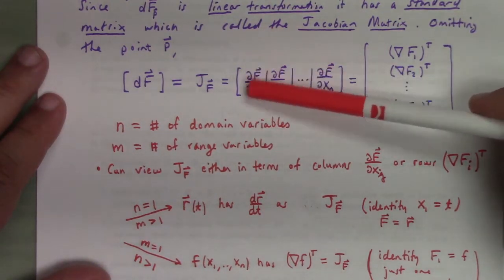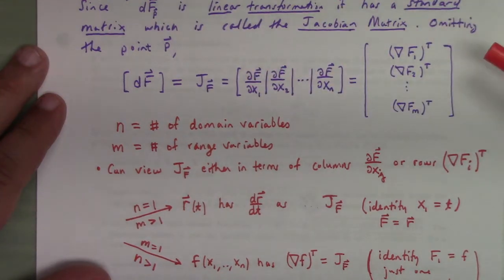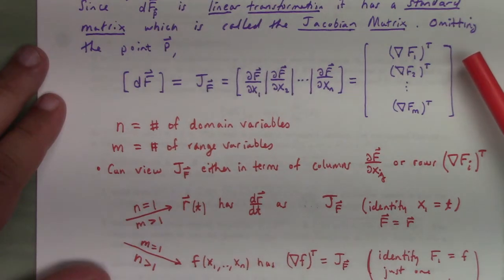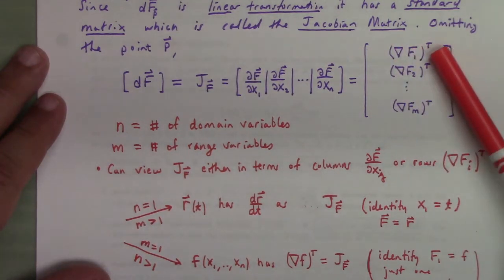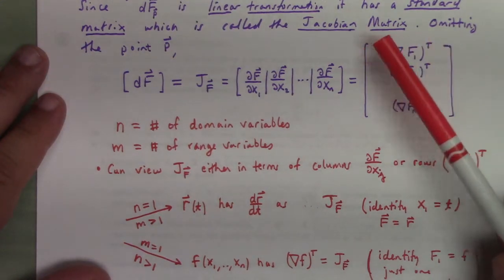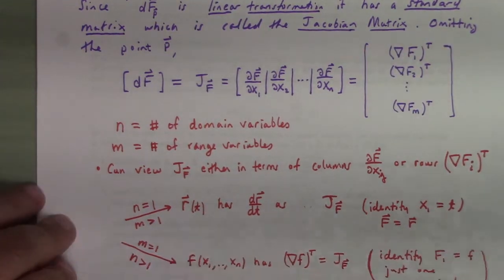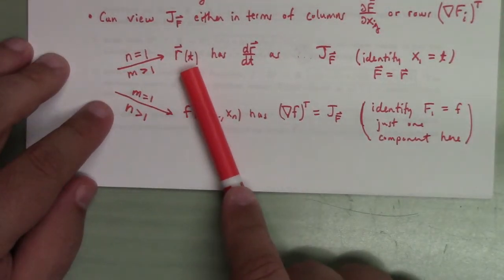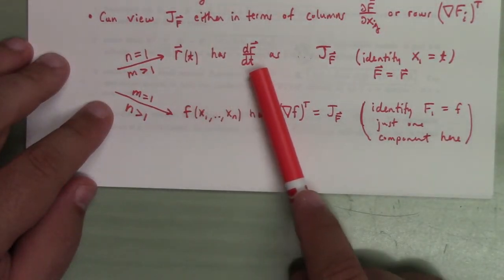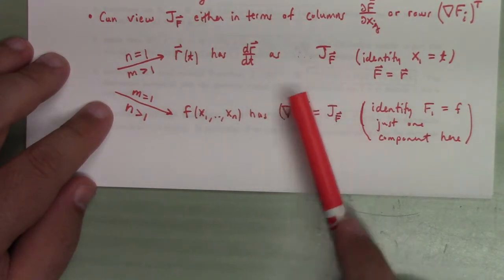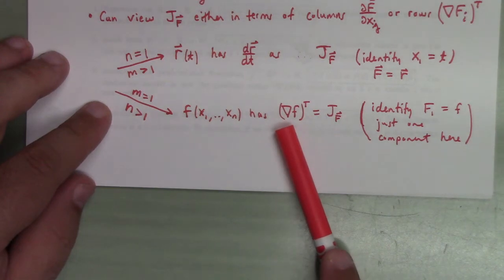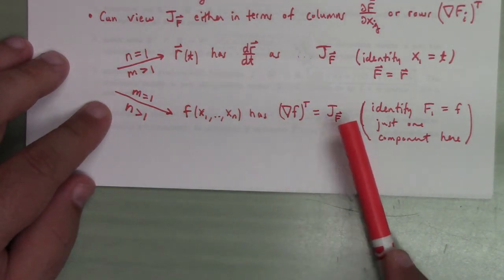That velocity vector is just a column, right? In the special case that you have functions with just one output but several input variables, then you have the gradient vector. That's what we've been doing more recently. So those are special cases. Again, for n equals 1, we get r of t, and dr/dt plays the role of the Jacobian matrix, whereas for f of several variables, the gradient vector plays the role of the Jacobian matrix.